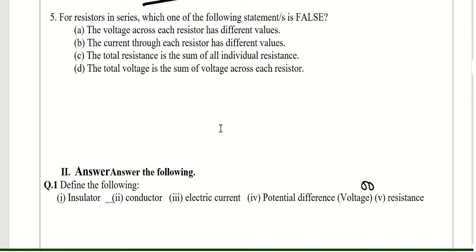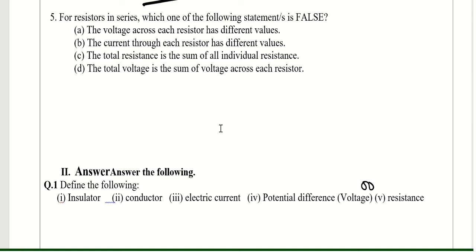Now the question number 5: for resistors in series, which one of the following statements is false, which is wrong? Option A is the voltage across each resistor has different values.